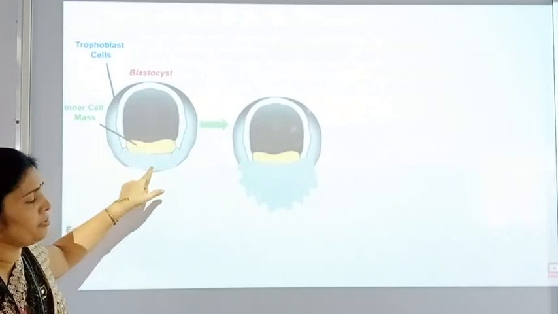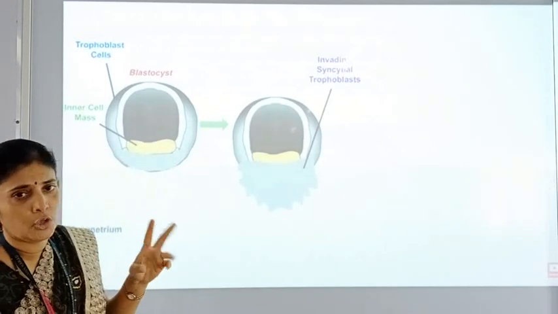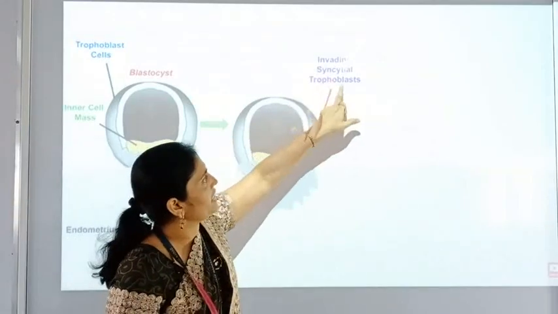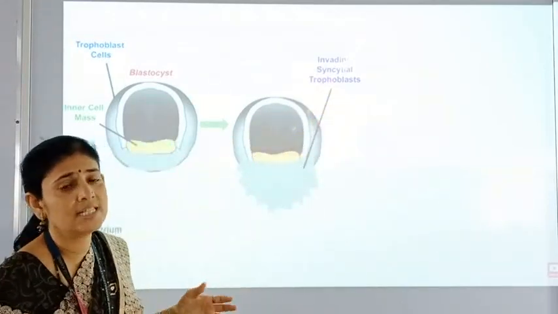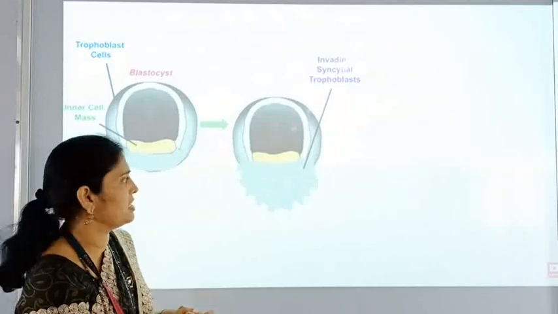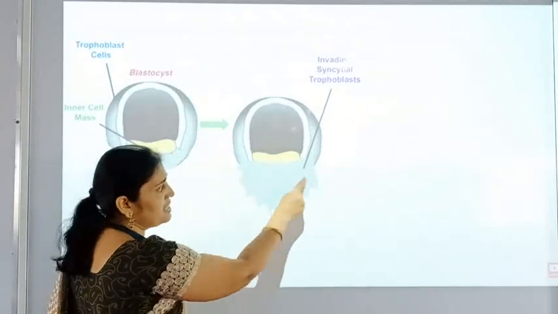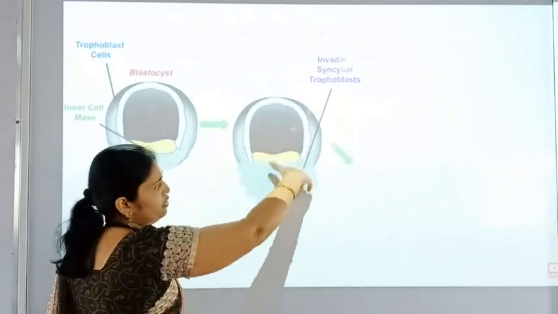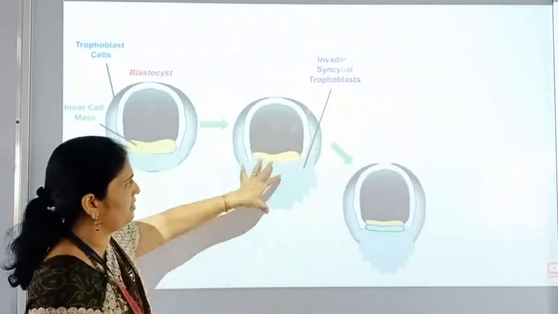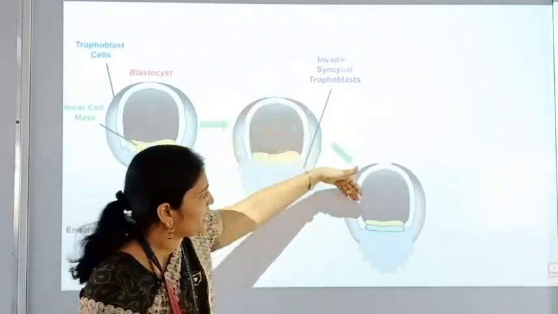Here the trophoblastic layer is divided into 2 layers, syncytial trophoblast and cytotrophoblast. The syncytial trophoblast invades into the endometrium, and the embryo is getting completely buried.